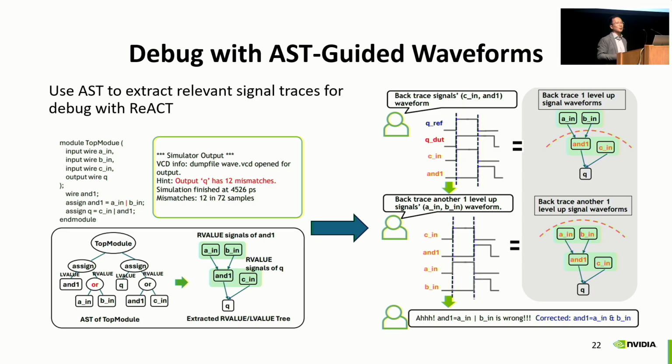It traces through the signal back to the signals that define the output. And it will do this level by level until the problem is fixed. And once we find the right signal, we'll append its trace to the context of the agent. So the agent can look at the trace and the error and decide what's the right code to fix.